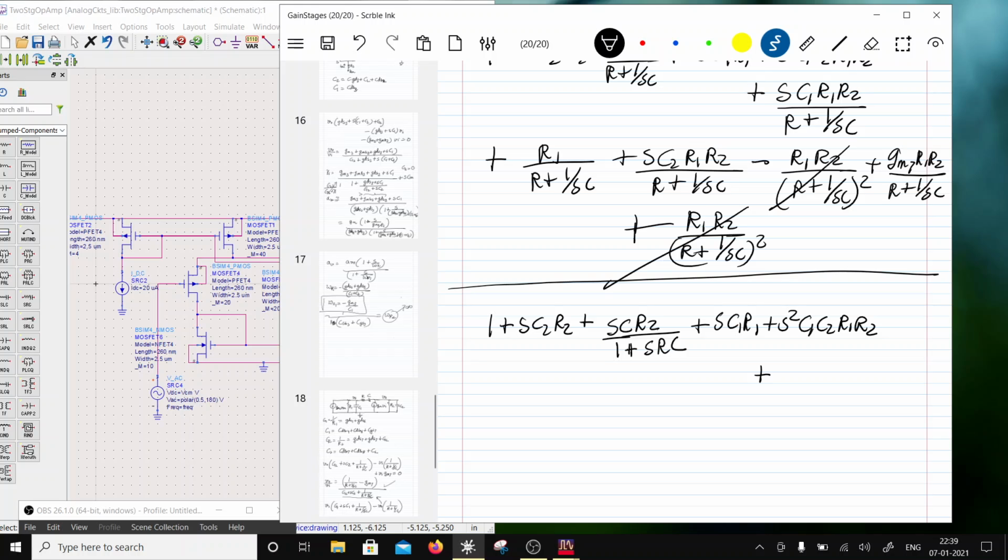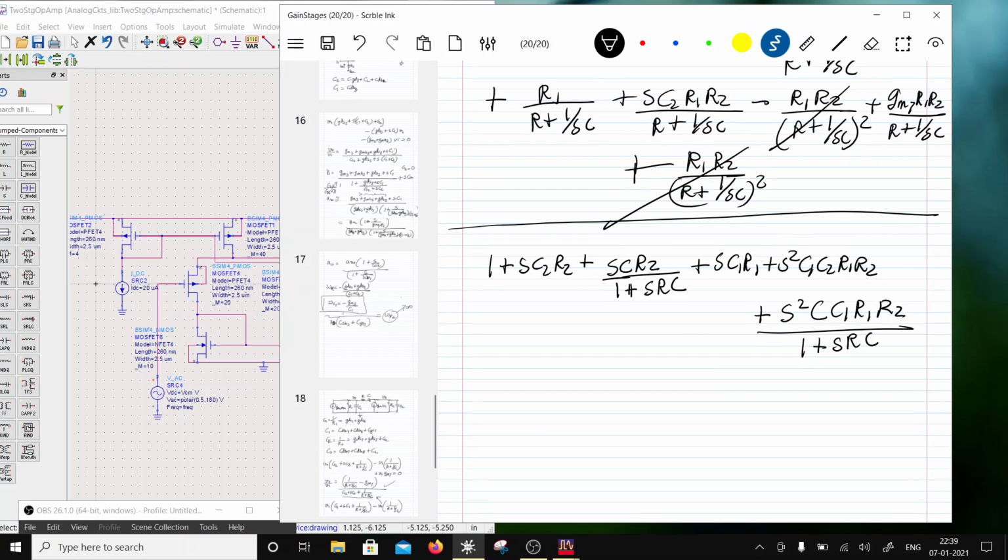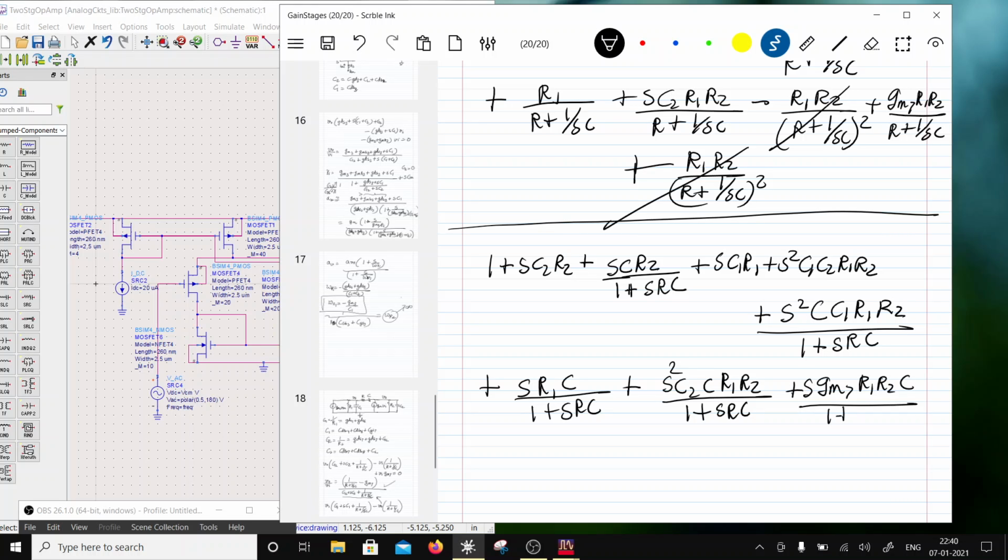Again this one, SC will come to the top, S square C1 C2 R1 R2 divided by 1 plus SRC, right, plus R1, so it will be SR1C divided by 1 plus SRC, right, plus SC, so it will be S square C2 C R1 R2 divided by 1 plus SRC, okay, plus GM7 R1 R2 SC divided by 1 plus SRC.